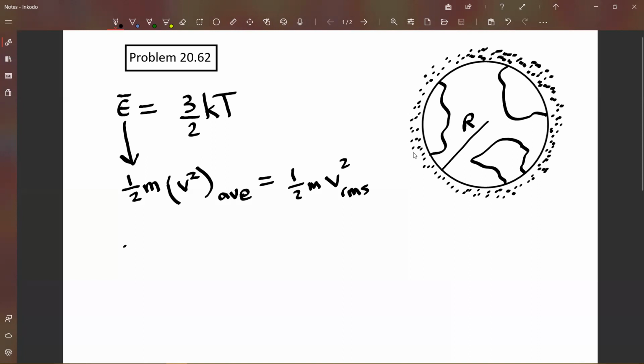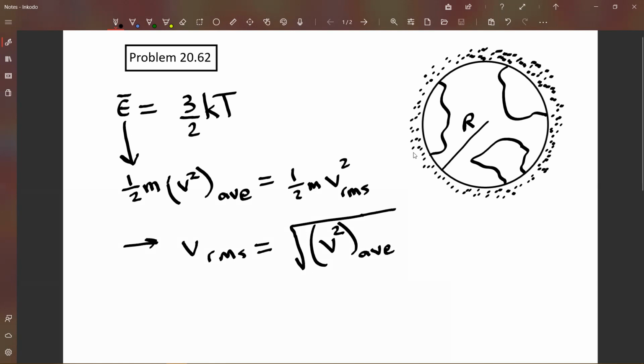So by definition, the RMS speed is the square root of the average value of the square of the speed. See that? First, you calculate all the squared speeds of all the particles. Then you find the average value of those squared speeds, and then you take the square root. That's VRMS. Notice if I squared VRMS, the square root sign would go away, and I would have V squared average. Not V average squared, but V squared average.